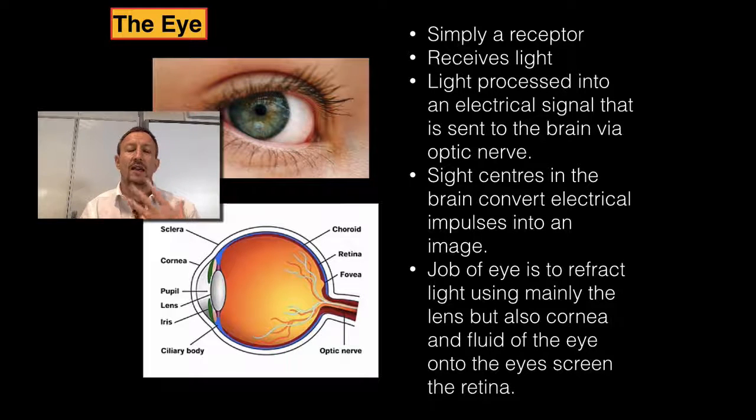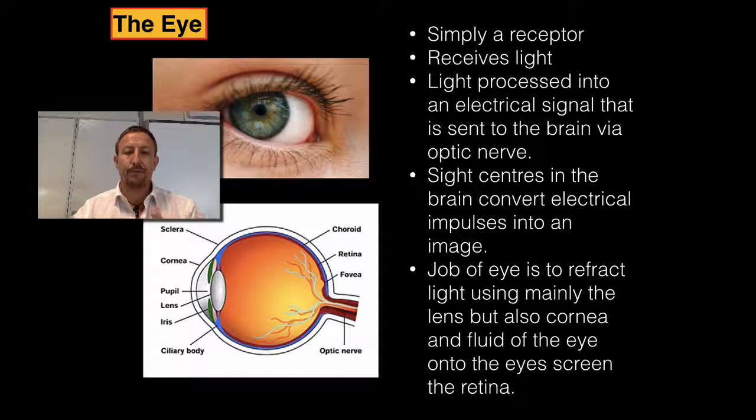Now, the eye, basically is a gelatinous blob. It's got fluid on the inside, it's got a jelly-like lens, and it's got a protective coating. That protective coating is called the cornea.